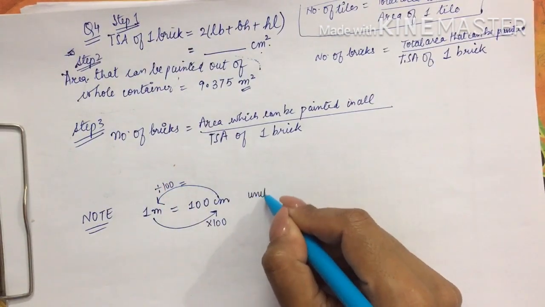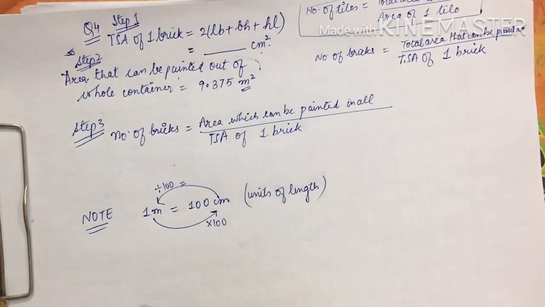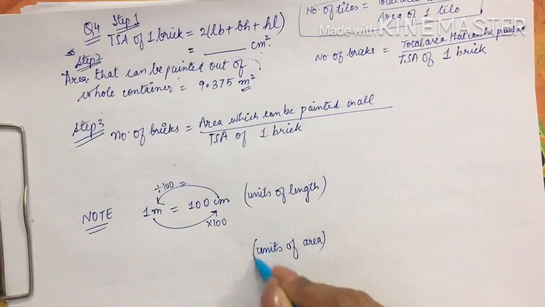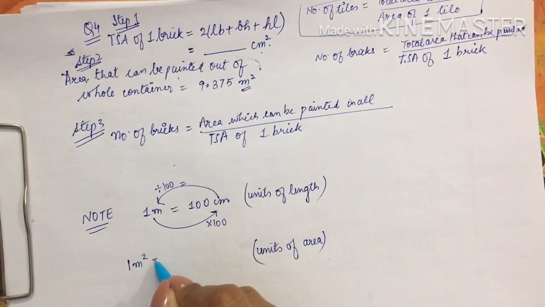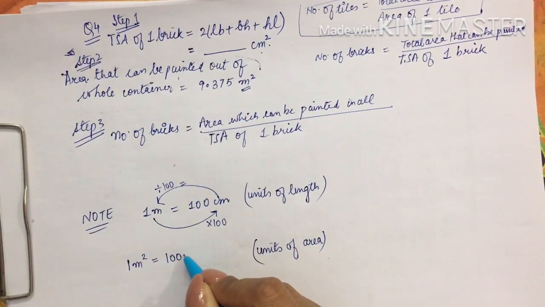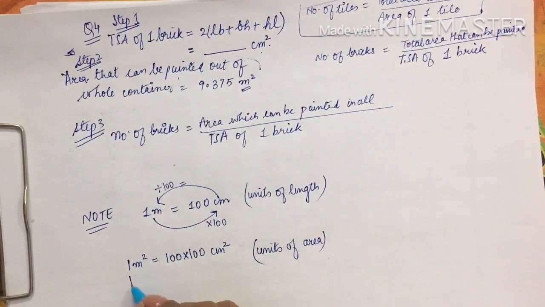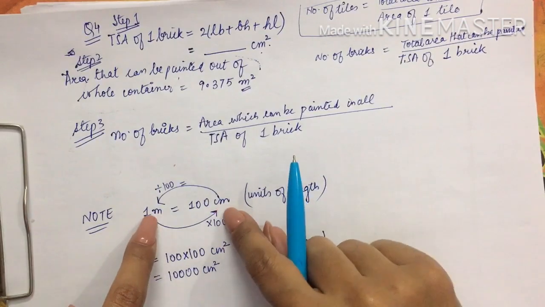Now these are the units of length. If you want to convert the units of area, which are in square centimeter or square meters, that's square units, what we do is, 1 meter square is given by 100 into 100 centimeter square. So that means 1 meter square equals 10,000 centimeter square. What I have done is I have squared both sides.